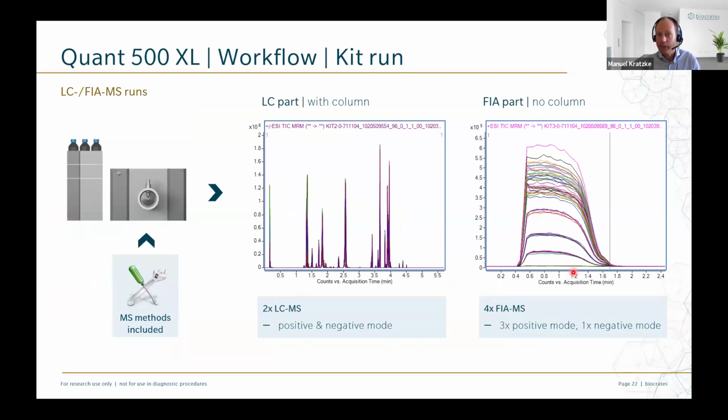There are 6 injections with the Quant 500 XL kit: 2 in the so-called LC part, where chromatography is used, and 4 in the so-called FIA part, flow injection analysis, where no column is used.